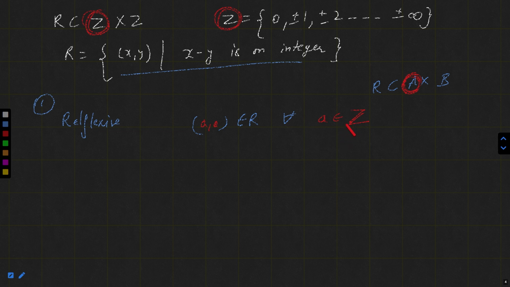Does (a, a) belong to R? If it does, it must follow that the difference of x and y is an integer. So a minus a is 0, and 0 is indeed an integer. So (a, a) belongs to R, which means our relation is reflexive.